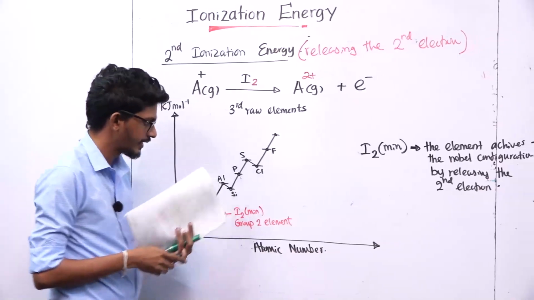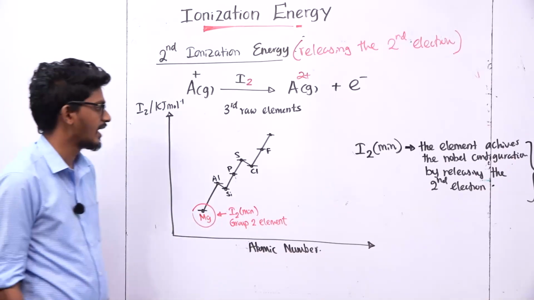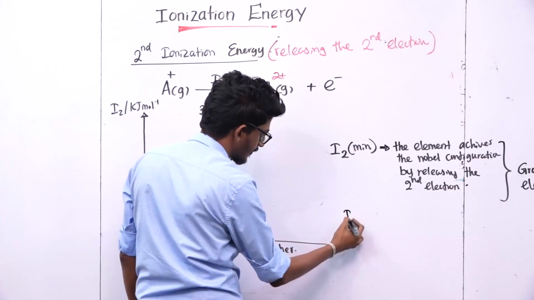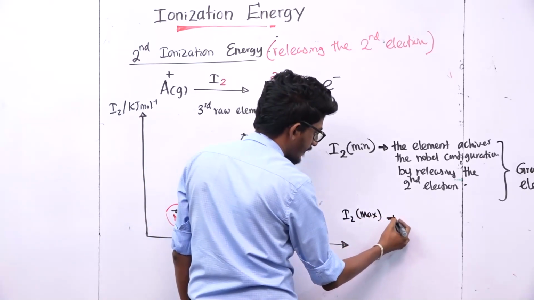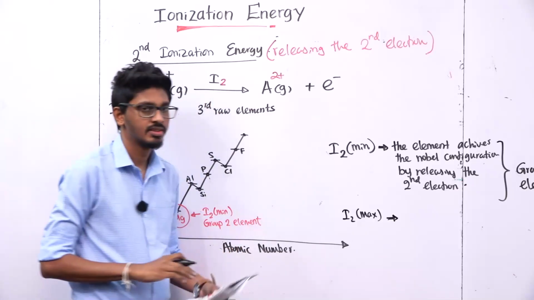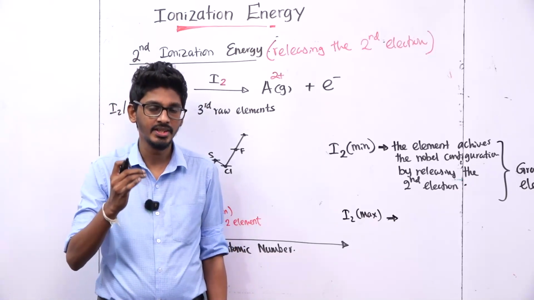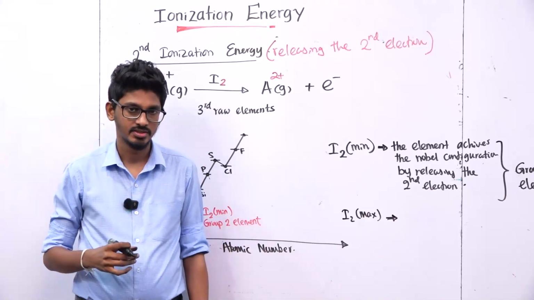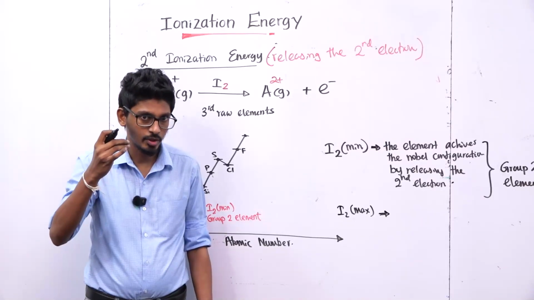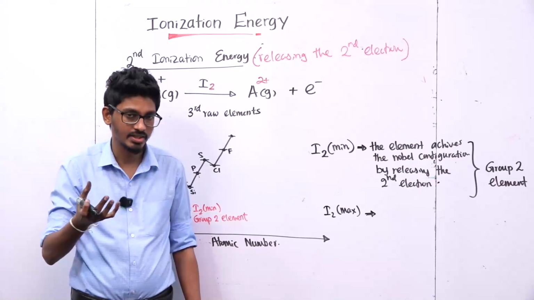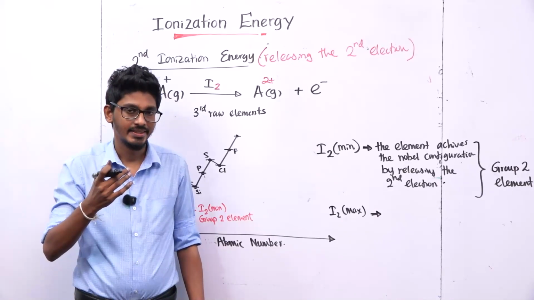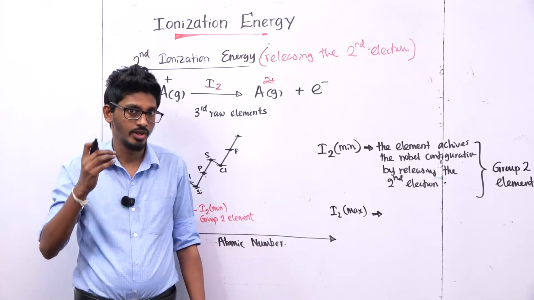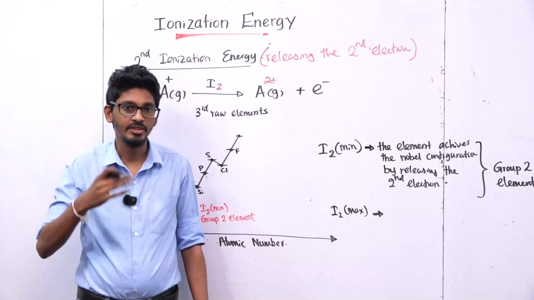So we should come up with the maximum I2, I2 max. That is when you are supposed to release the electron from a noble gas configuration. If you are releasing the electron from the noble gas configuration, then you are not keen to release that electron, because you have the most stable configuration, so you are not keen to get rid of it.